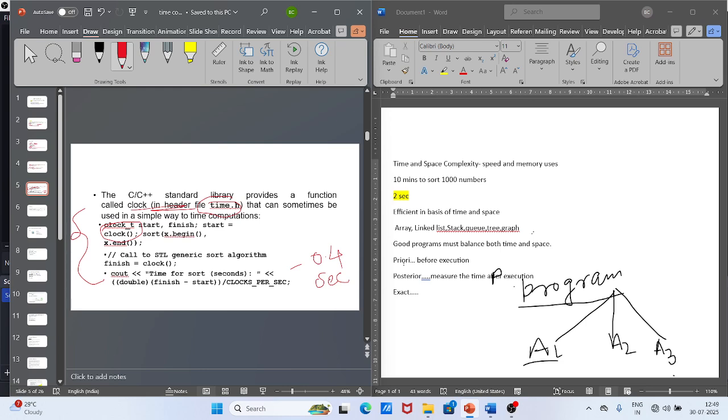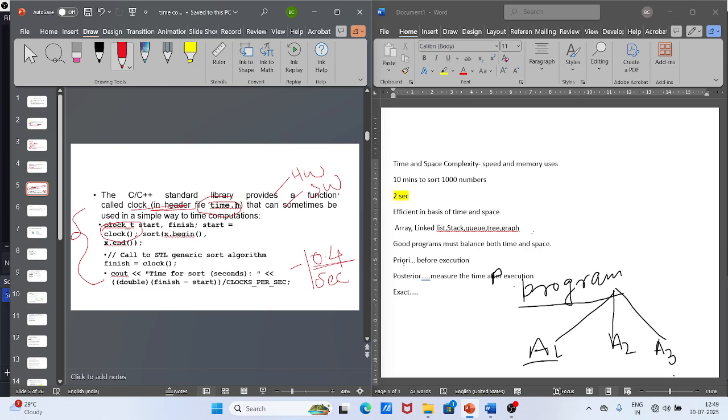But it only works for the current environment. The same program might take a different amount of time on a different machine. It takes 0.4 second, but now I change the hardware, now I change the software, then maybe this time will vary.